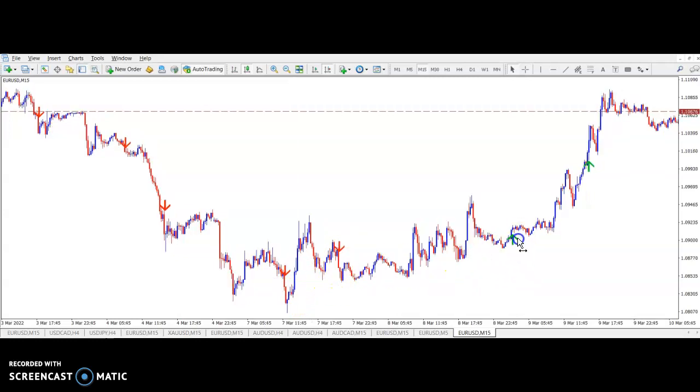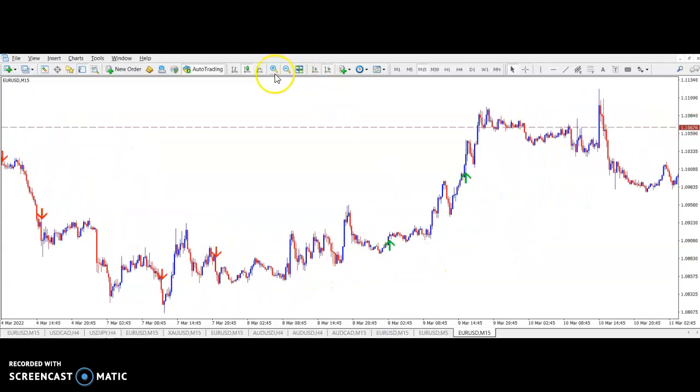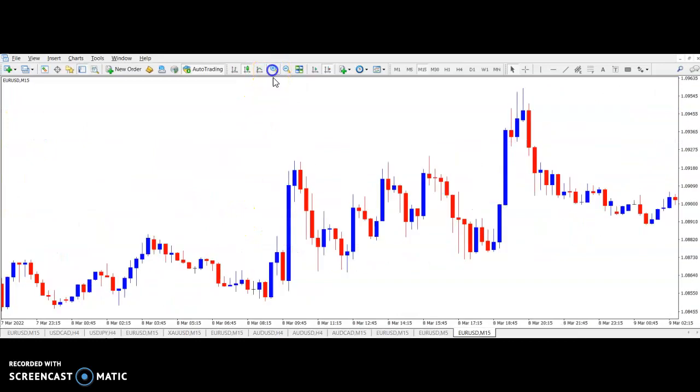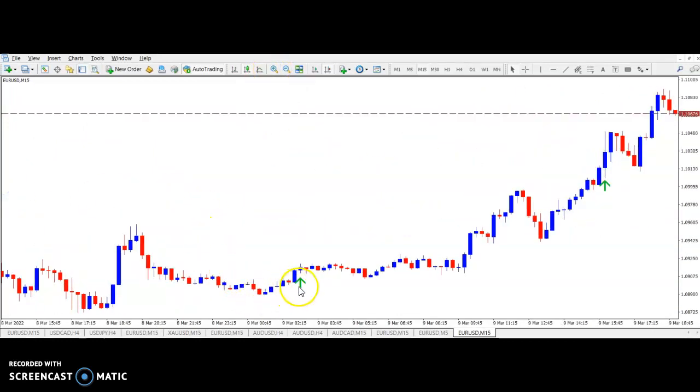And then here, let's just have a look at these in a bit more detail. So your signal comes in at the beginning of the candle here, and it does not repaint. So you get your signal here, so you would be looking for a trade here. Now, if you entered immediately, you would have put your stop loss again below previous structure, probably here, maybe even there, but probably here.